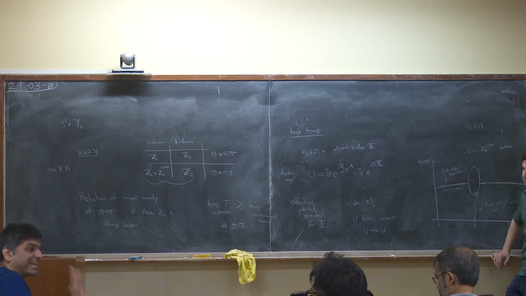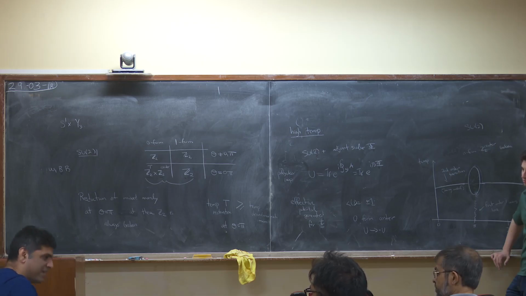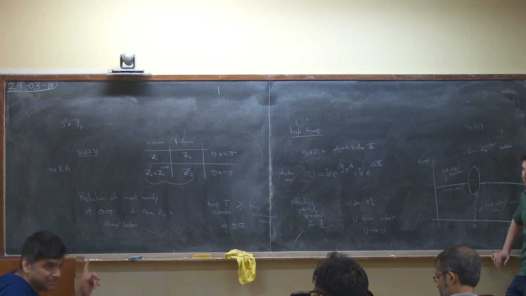Now in N equals 3, the phi cubed operator, which preserves Z_3 but not U(1), happens to be relevant. So for SU(3), unless there's a conspiracy, it cannot be U(1) symmetry.